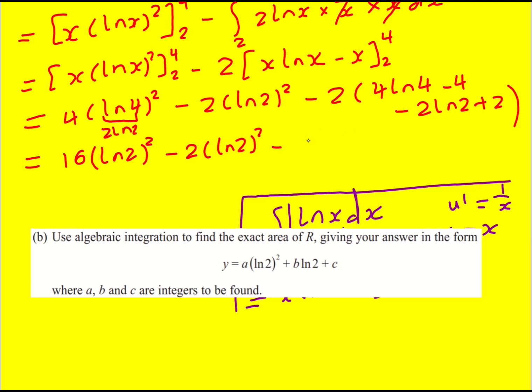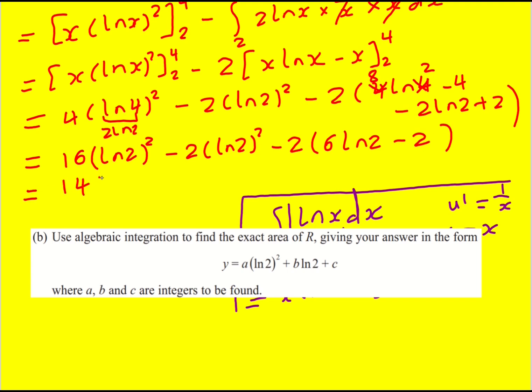So I can simplify that in a minute. And over here, I've got 2, I'll keep that in a bracket for the moment. 4 ln 2 minus 4 ln 4. Well, that's going to become 8 ln 2. So then I'll get 6 ln 2, and then it's minus 4 plus 2, I'm going to get a minus 2 there.